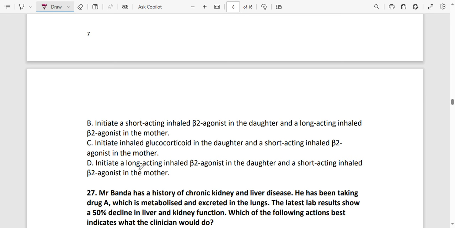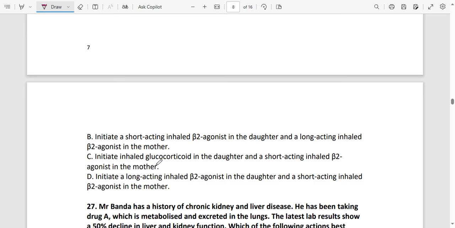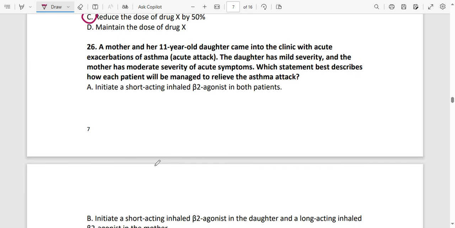And for this one, both the mother and the daughter have an acute attack of asthma. The daughter, the condition is mild. The mother, the condition is moderately severe. So how are you going to treat them using beta agonists?